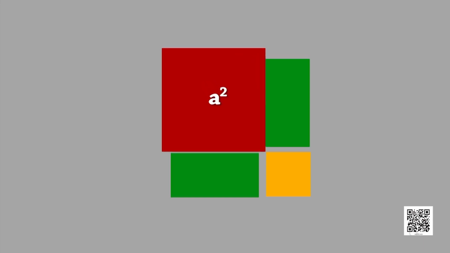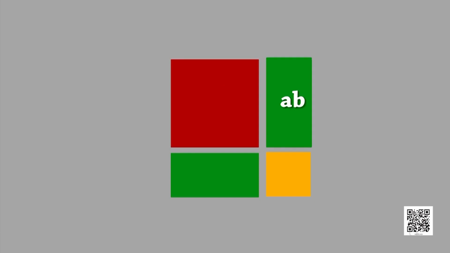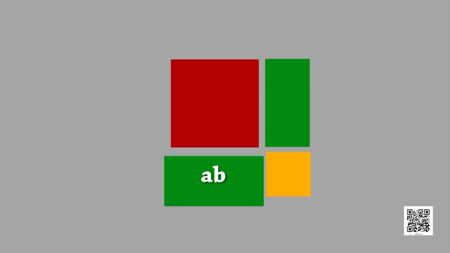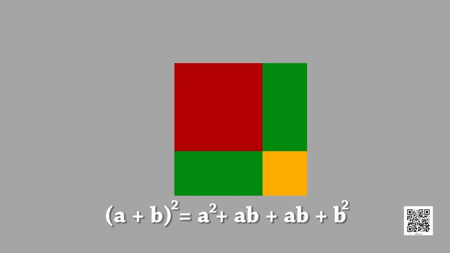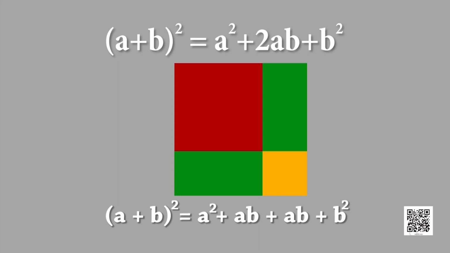After cutting, we get a square whose area is a square, a rectangle whose area is ab, another rectangle of area ab, and a square of area b square. On adding all these areas, we get (a plus b) whole square is equal to a square plus ab plus ab plus b square. Thus, (a plus b) whole square is equal to a square plus 2ab plus b square.